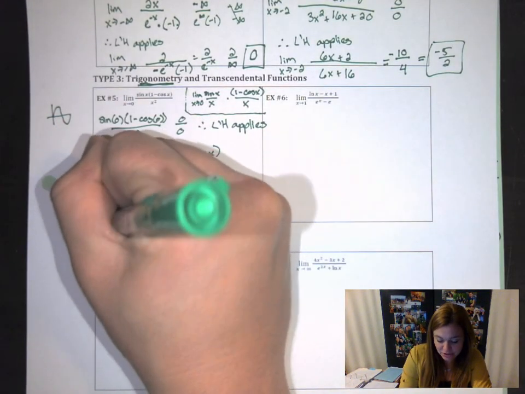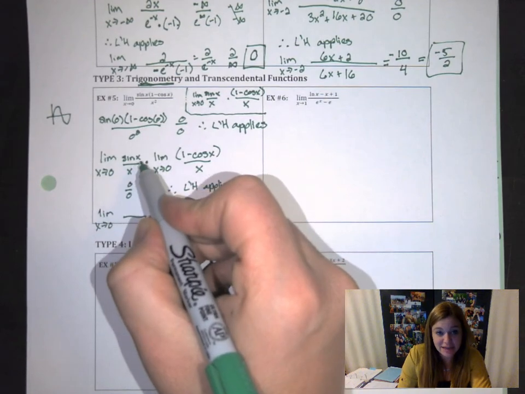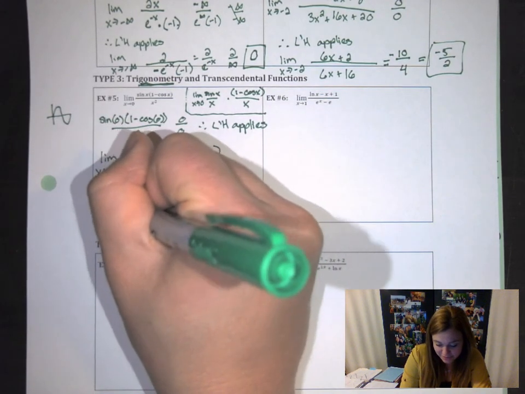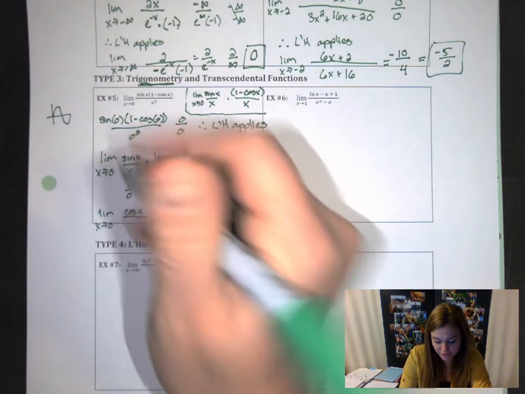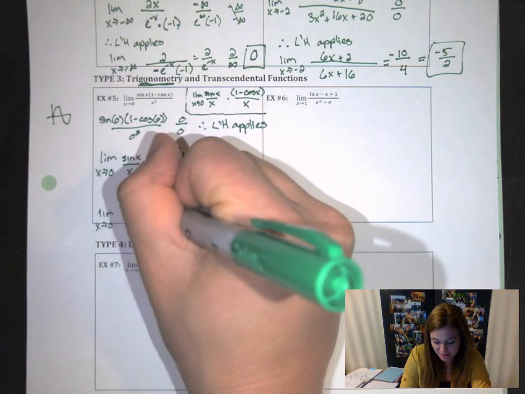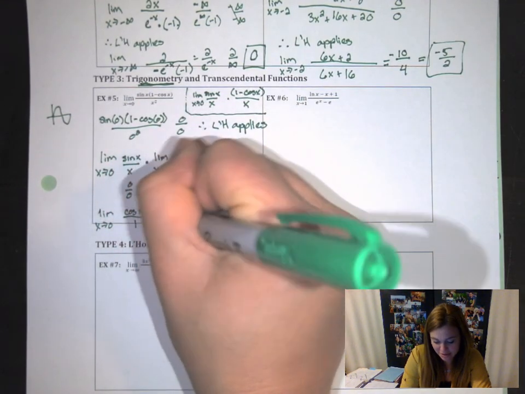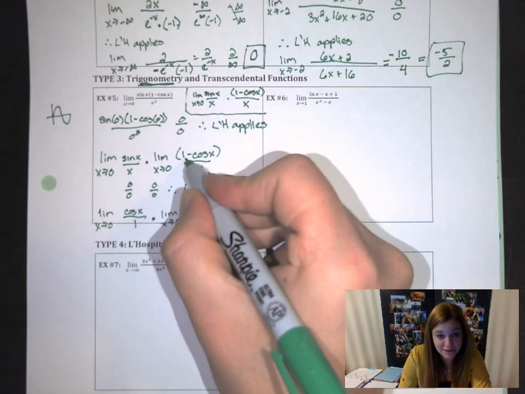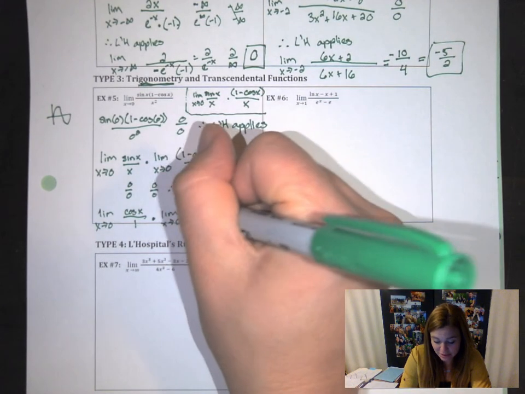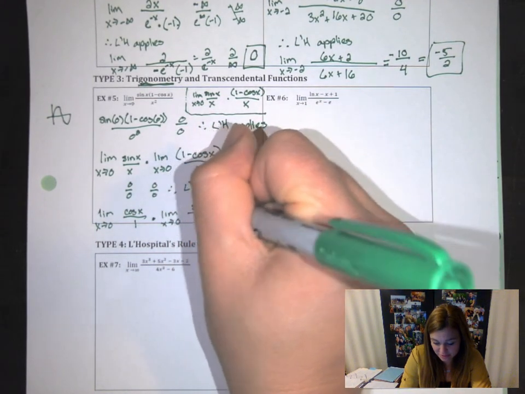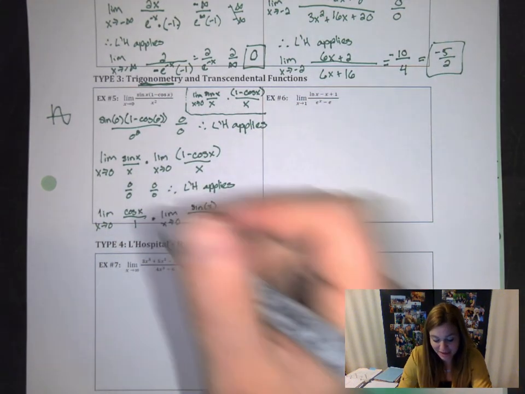Okay, limit as x approaches 0. The derivative of sine of x is cosine of x. The derivative of x is 1. Over here, I'm going to do the same thing. The derivative of 1 is 0. The derivative of negative cosine is positive sine of x over 1. And now we can substitute.